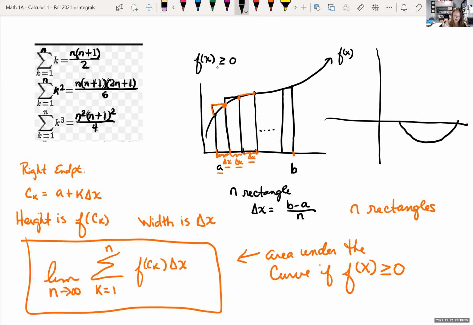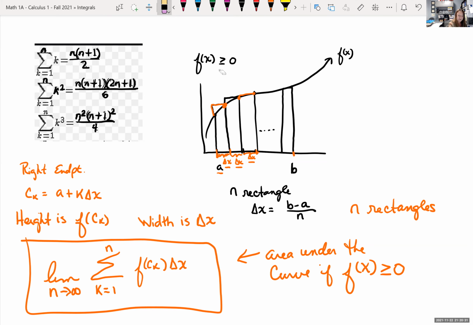When we find the height on the curve, if it falls below the x-axis, we're going to get a negative value for our height. So we have to be careful about where the graph falls above and below the x-axis. If it falls below, then I'm actually subtracting off. This area underneath is going to be a negative number, and I have to be aware of that. But we'll discuss that later, once we know how to find the area when it's above the x-axis.